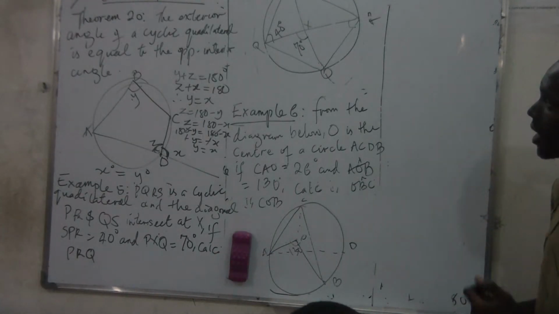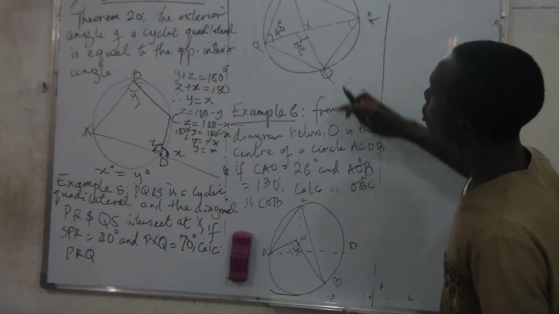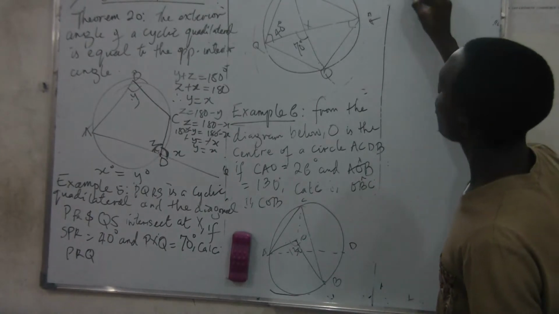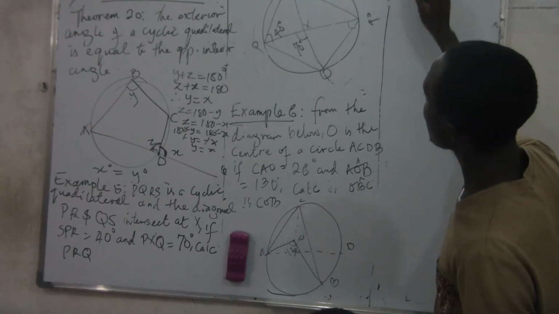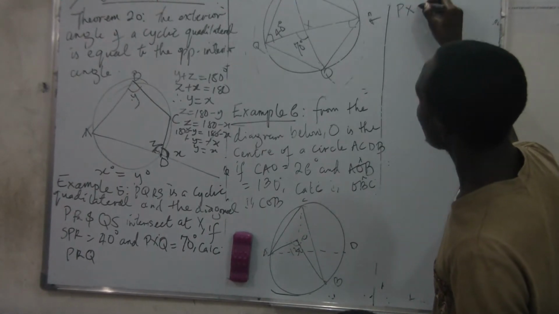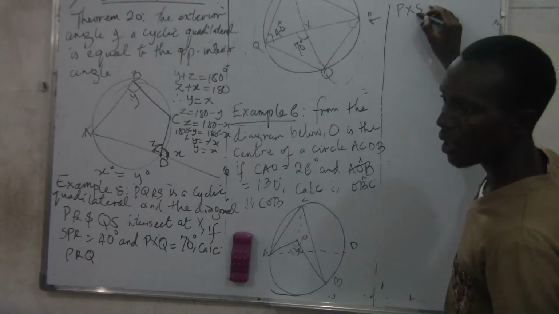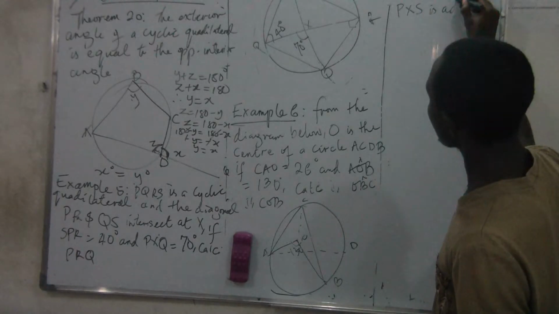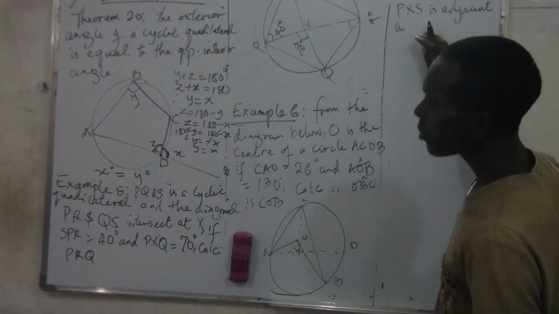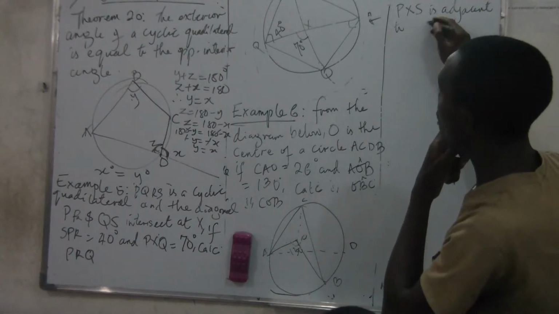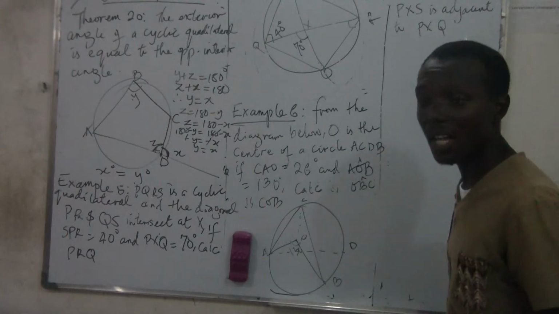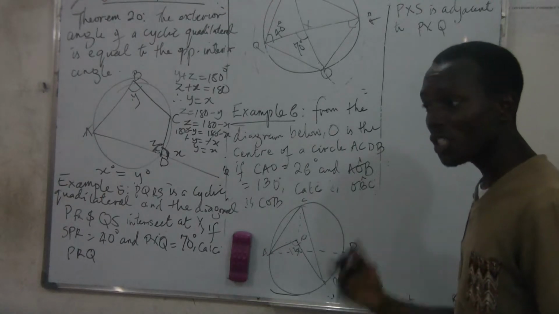Let's wipe this part of the board off. Okay, so from this it will interest us to note that PXS is adjacent to PXQ. So it means that the sum of adjacent angles is 180 degrees.